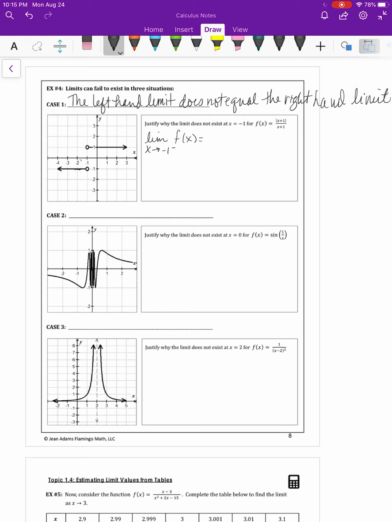If I'm coming in from the left, I'm approaching my y value of -1. So that is -1. And now we're going to look at the limit as x approaches -1 from the right. I'm coming in from the right, my y value is +1.